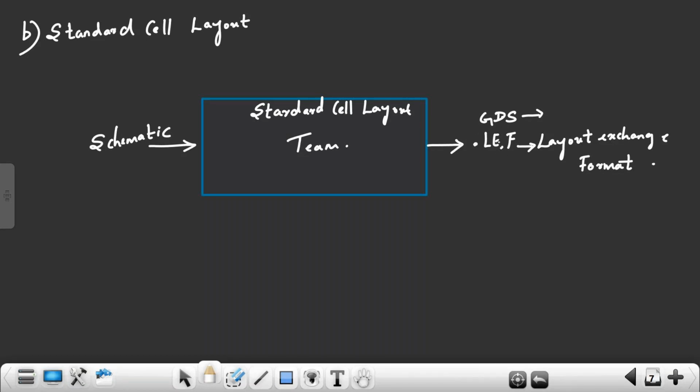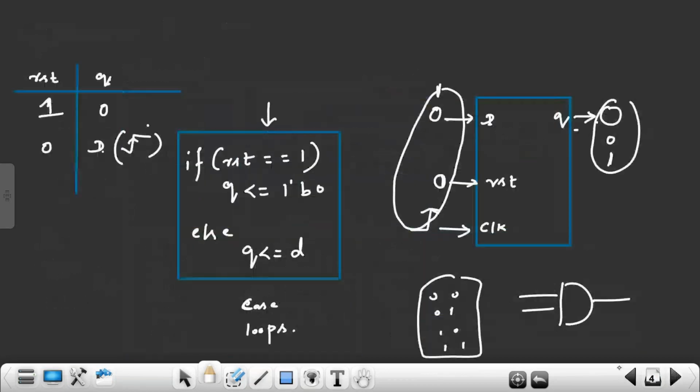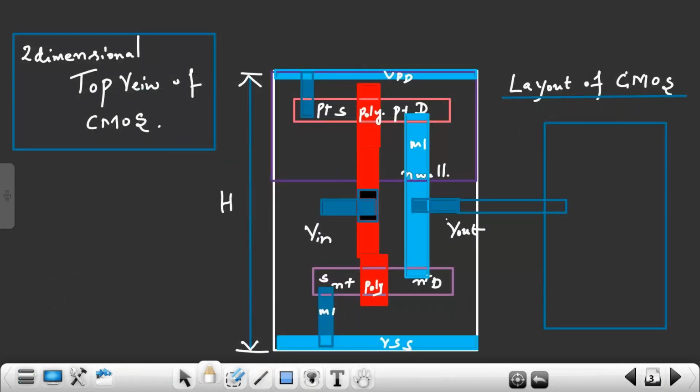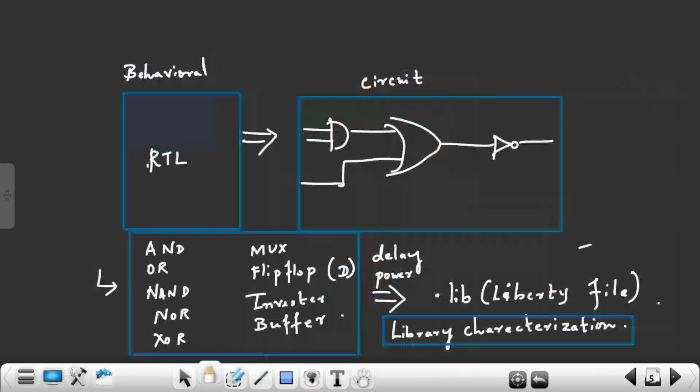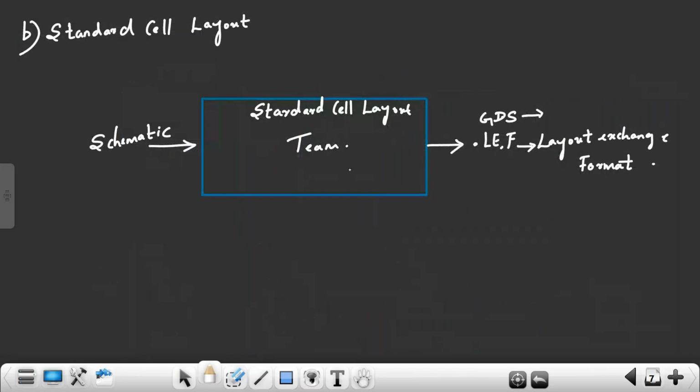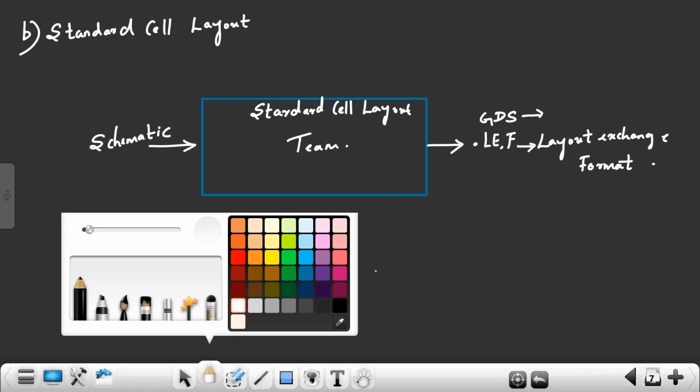But still, we should have knowledge of layout, physical design engineers, because we are working on layout, but we are not drawing layout. We are using the layout which is already drawn by the standard cell layout team. They will give the layout in the form of GDS or in the form of LEF. So we use LEF.